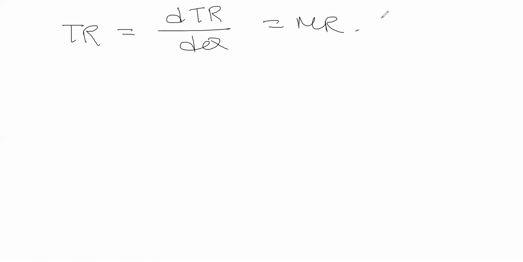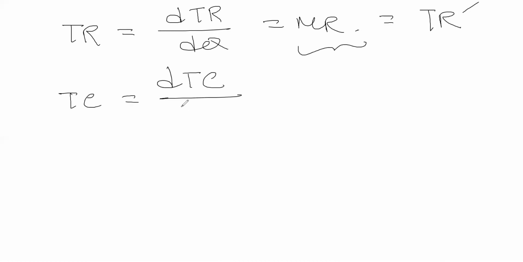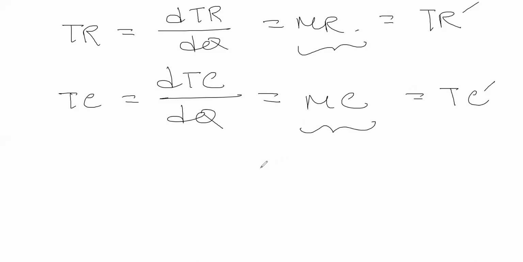In other words, marginal revenue is the first order derivative of total revenue. And given the total cost, if you differentiate the total cost with respect to quantity, you get the marginal cost. So again, marginal cost is the first order derivative of total cost. Now, keeping these two conditions in mind, let's solve for the first order condition.